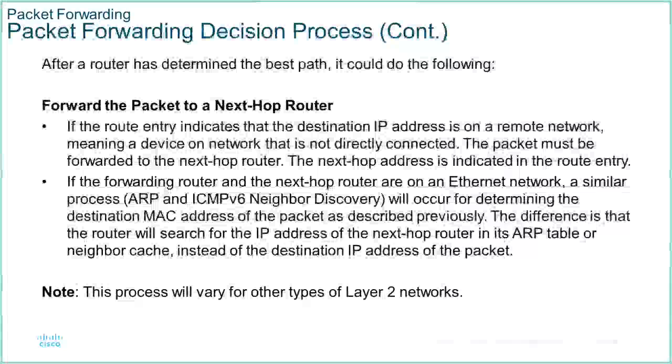Remember that. We will do an ARP request again, but this time we're looking for the MAC address of the next router to forward it closer to its destination. Remember, the MAC address determines what device is going to pick up the frame.